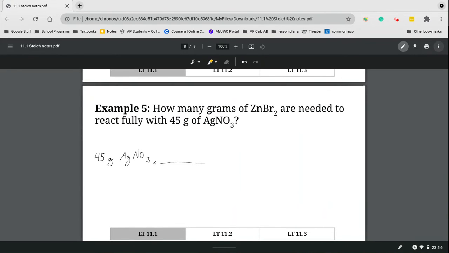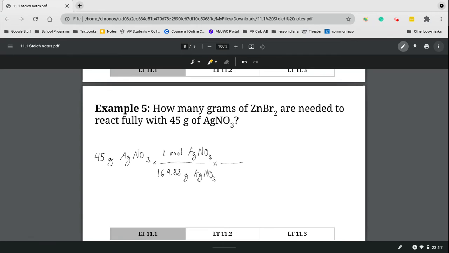So we're going to have to go from grams to moles to grams again. And so now we also need to calculate, because it's not just a straight up element, this is a molecule, compound. From 1 mole AgNO3, when you calculate that out separately, you get 169.88 grams of AgNO3.